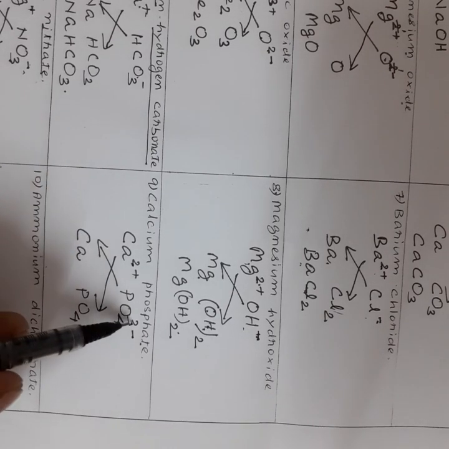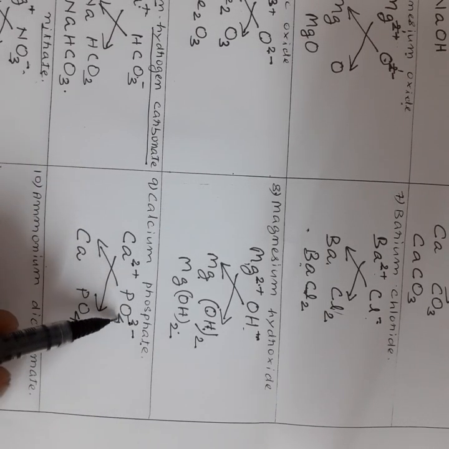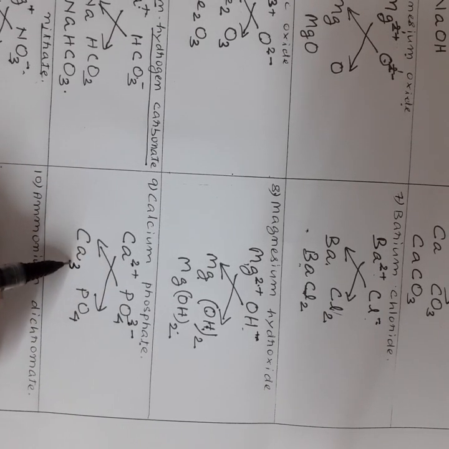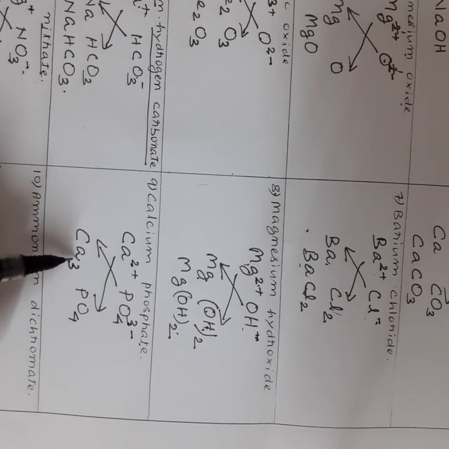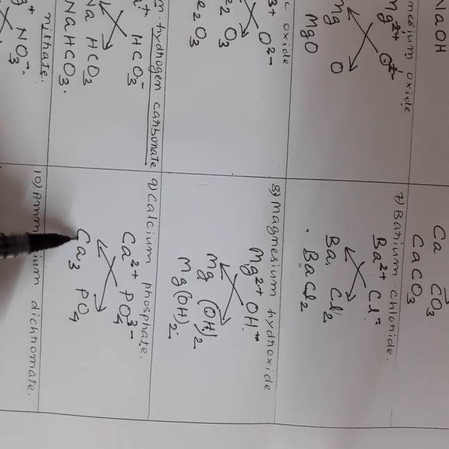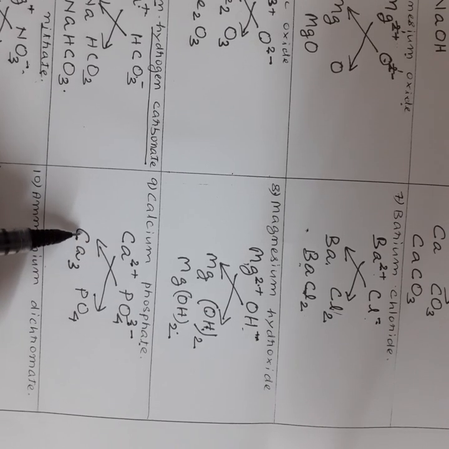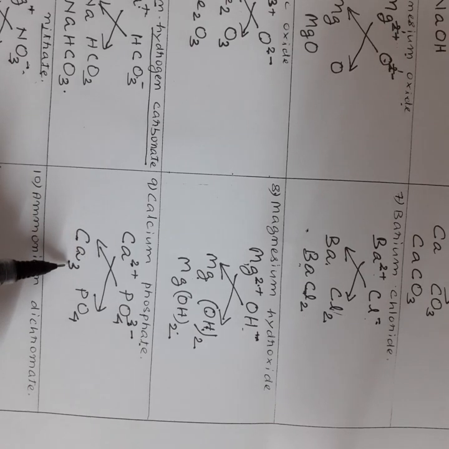And then this 3 that belongs to PO4 will go to the lower backside of Ca without a bracket. Because Ca is a simple ion that contains only one type of atom, that is calcium atom. Even though it has 2 letters, this symbolizes only one type of atom, calcium ion. So it's a simple ion, so we don't put bracket in cases of simple ions.